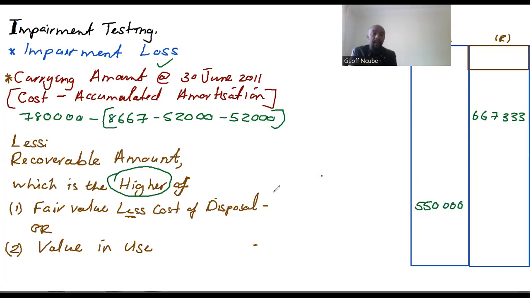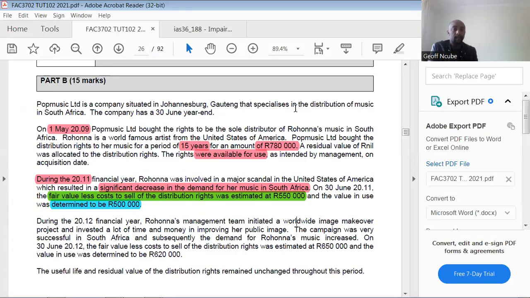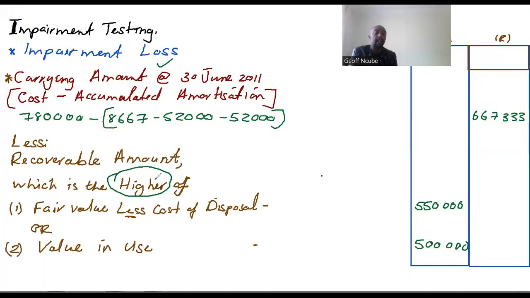And then our value in use, yes. So which one is higher, people? The higher one is that one. So that will represent our recoverable amount.